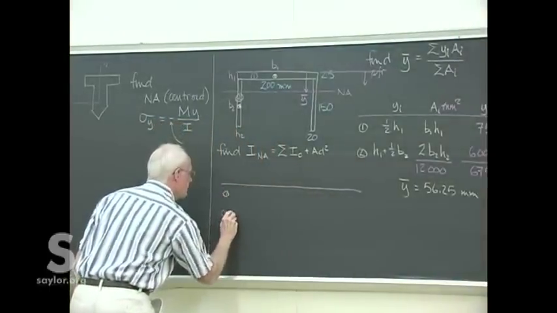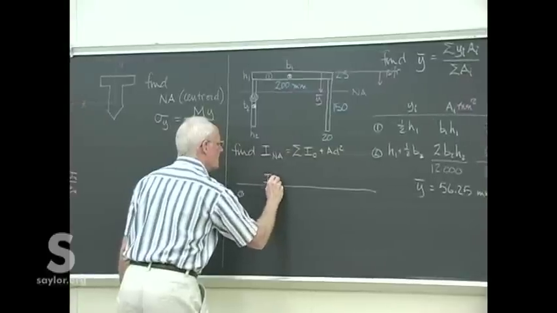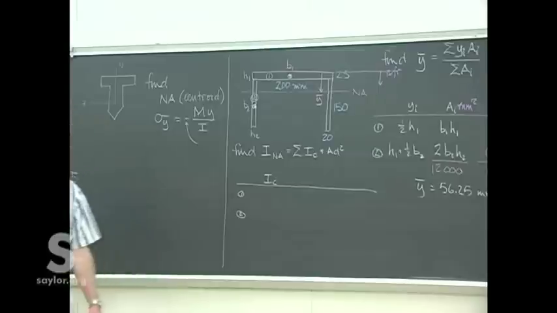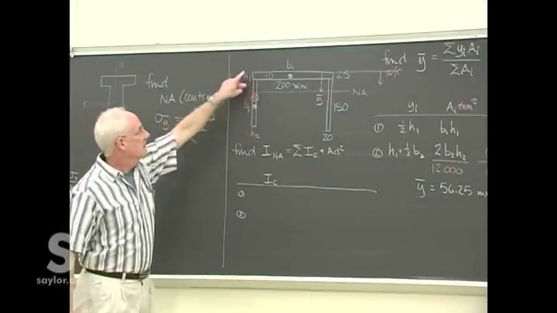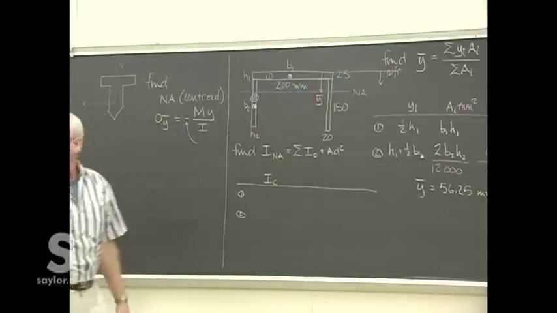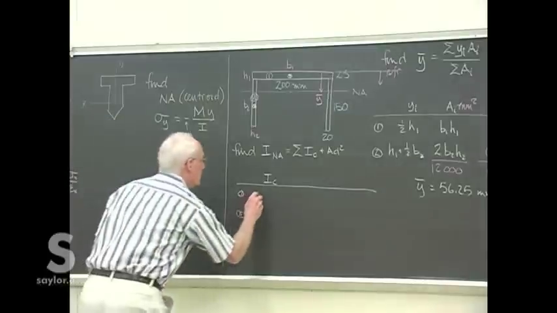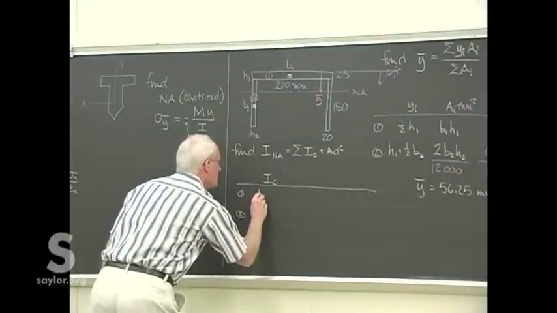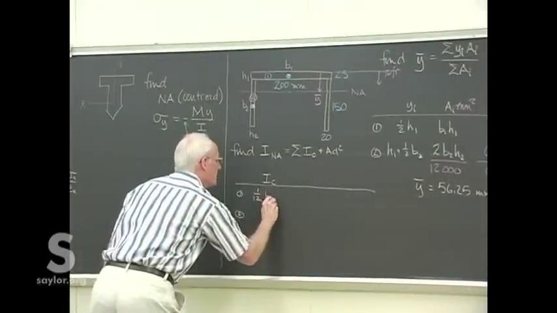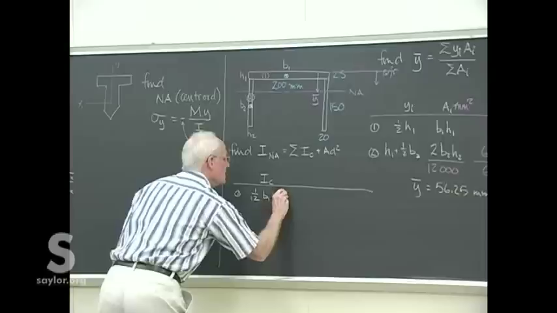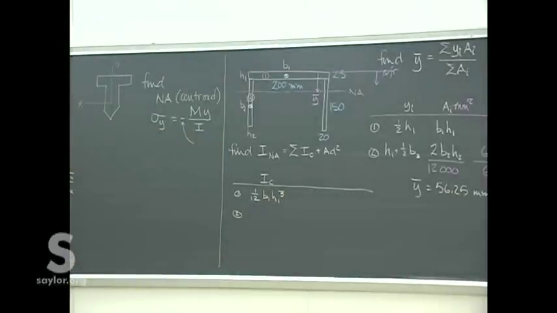We've got two pieces here. We need to find out their centroidal moment of inertia. That's in the front cover of your book. If you just open that there, you'll find the shapes for the different regular solids, and certainly rectangles are in there. For these pieces, it's 1/12 d1 h1 cubed.